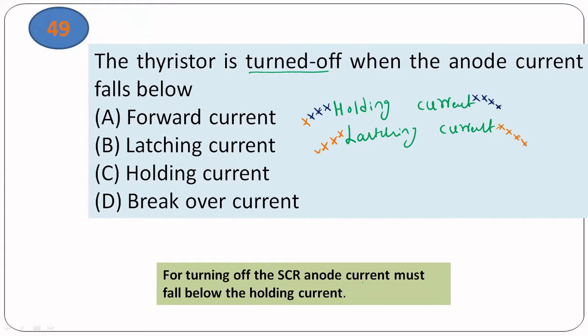If the anode current falls below the holding current, then the thyristor turns off. Okay. So latching current and holding current are two different concepts. Holding current is the minimum current required to maintain the on state. That is very important to understand.